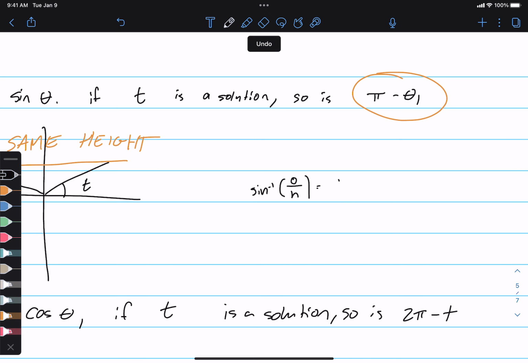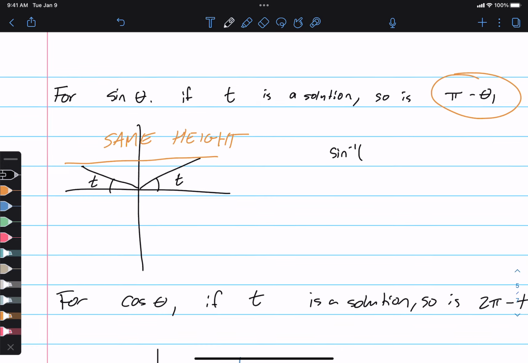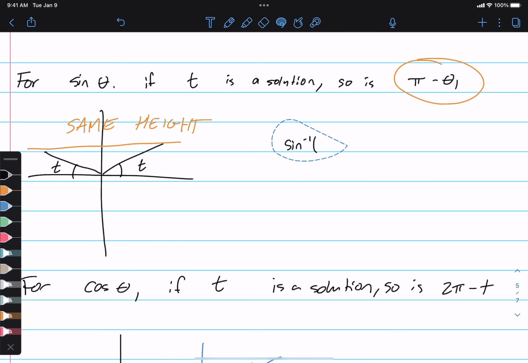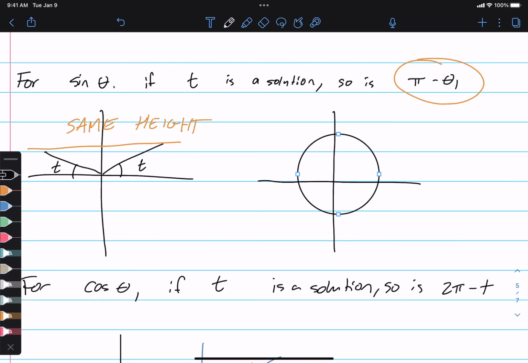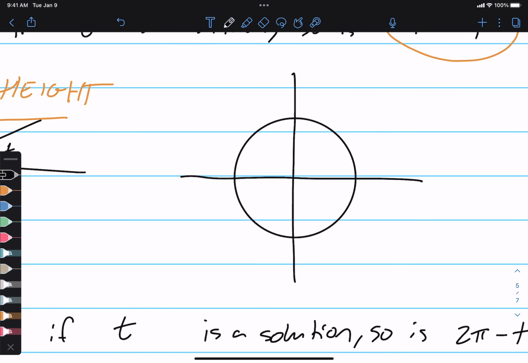And if this angle works for this one, so we're saying that, excuse me, the sine inverse of some value, which is actually going to be a height on the unit circle, right? It might just be better to explain on the unit circle, right? So if I have this unit circle, and I have this angle here, and it's at some height, right?